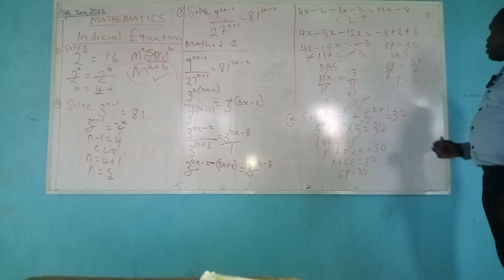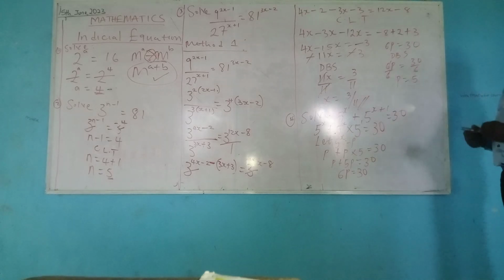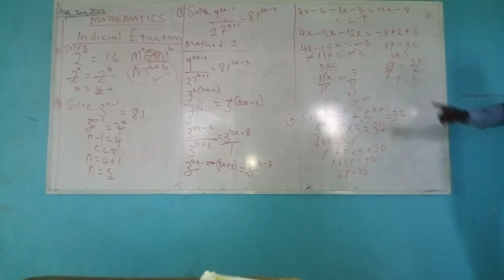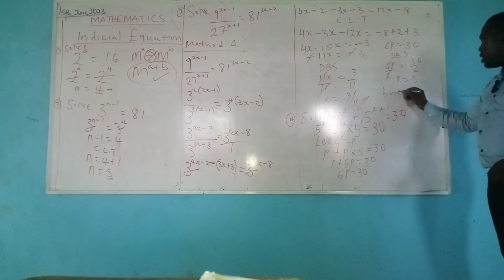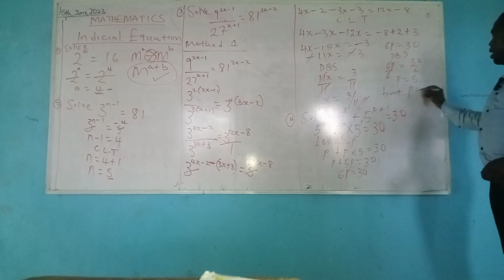Do not forget that we are not told to find P. We are explicitly told to find x. It is x that we're given at the beginning, and so you're not finished with what you are told to solve. So what do you do? You will now say in the examination condition, P equals 5 raised to power x.